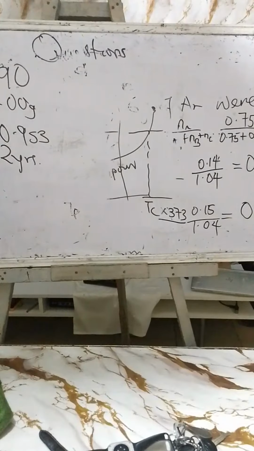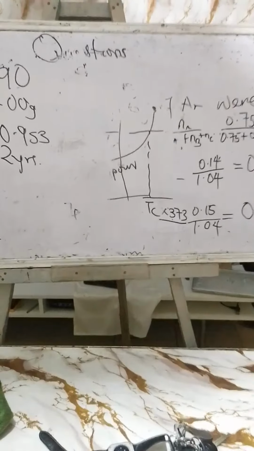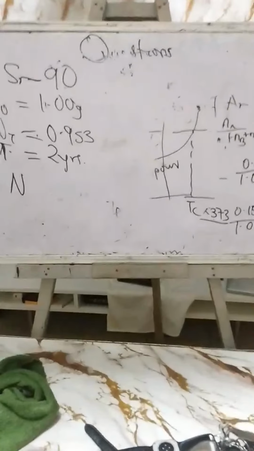So what do you do? Remember that we say Nt is equal to N naught e exponential minus lambda t. Okay, thank you for that.